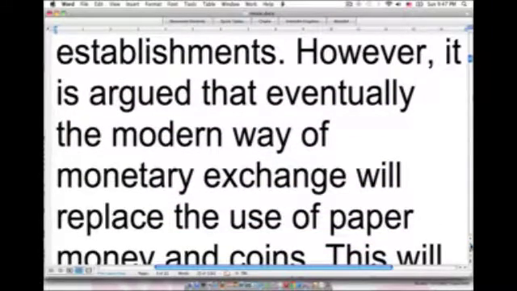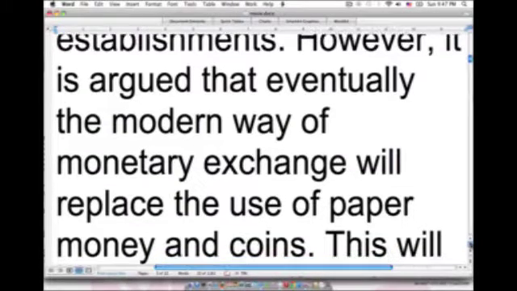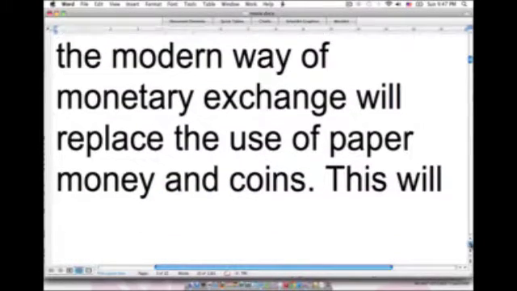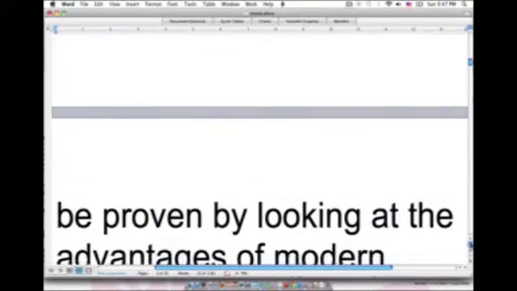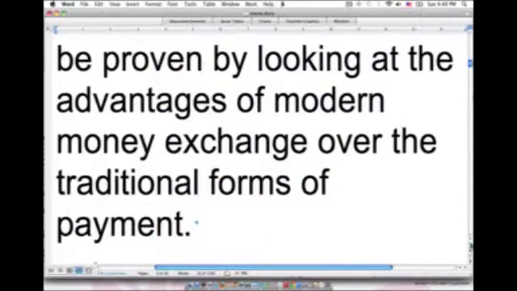However, it is argued that eventually the modern way of monetary exchange will replace the use of paper money and coins. This will be proven by looking at the advantages of modern money exchange over the traditional forms of payment.